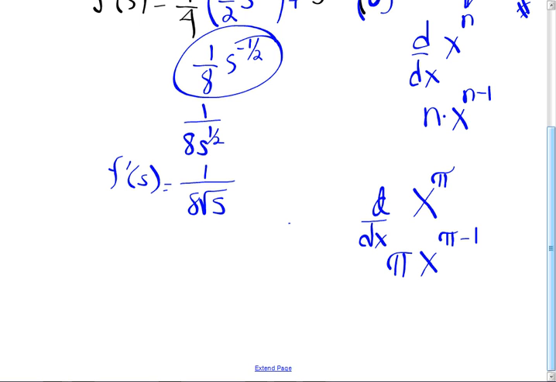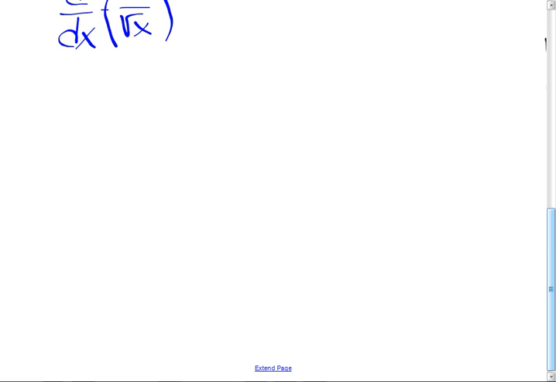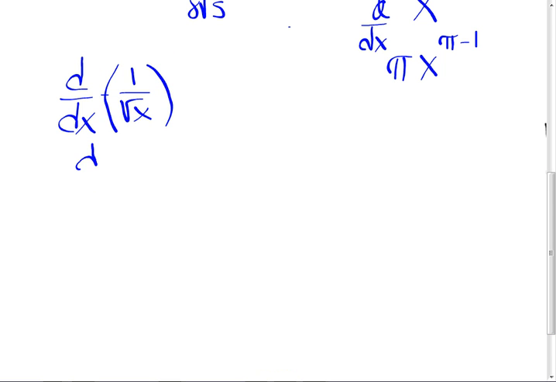Now if I want to find the derivative with respect to x of 1 over the square root of x, I have to do a couple things, because all I know is the power rule, and that is a power. So first, it's d dx. I don't want to use the quotient rule. I don't have to. 1 over x to the 1/2, right?